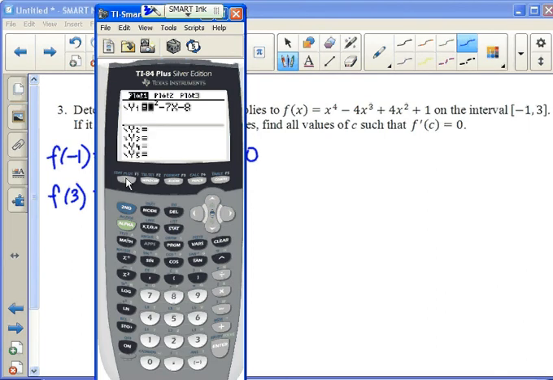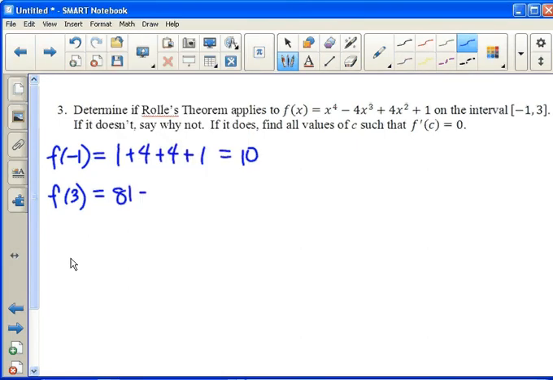X to the 4th minus 4x cubed plus 4x squared plus 1. Then we go to the table and plug in negative 1 and 3. And we get 10 for both. So we do get the same y values for both, which means Rolle's theorem does apply.